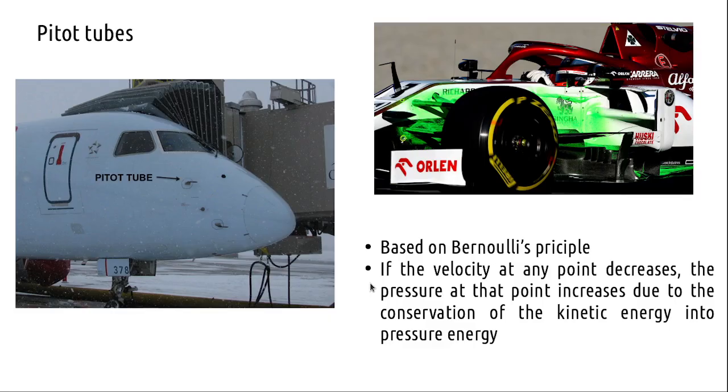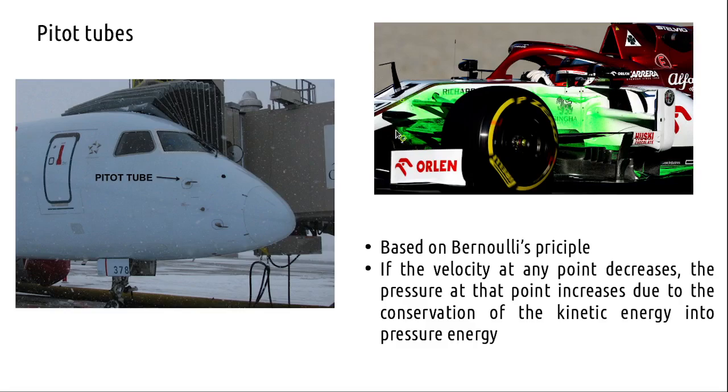The next we discuss is a Pitot tube. Pitot tubes are one of the widely used flow meters to measure air velocity. You will find them on aircraft and on Formula 1 cars, F1 cars. So this is your Pitot tube on an F1 car.